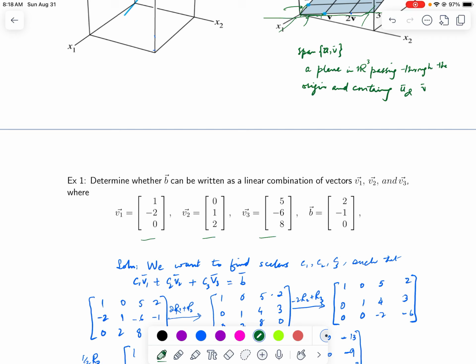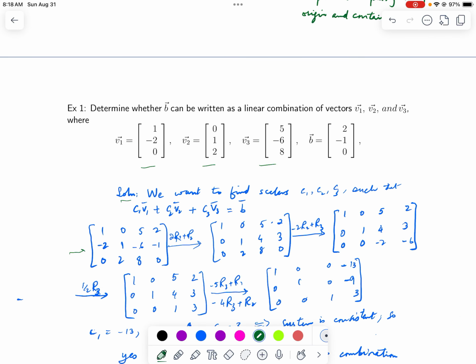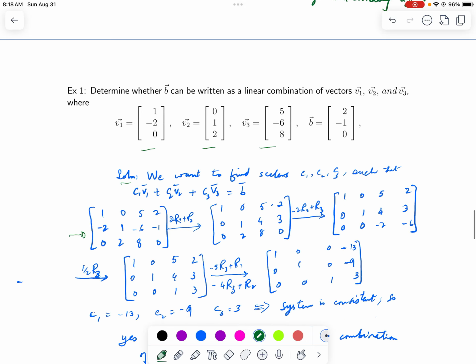So what we want is to find scalars c1, c2, c3 such that c1 v1 plus c2 v2 plus c3 v3 is equal to b. But what does that mean? That means solving an augmented matrix like this, and I just perform the row operations and get it into row reduced form.